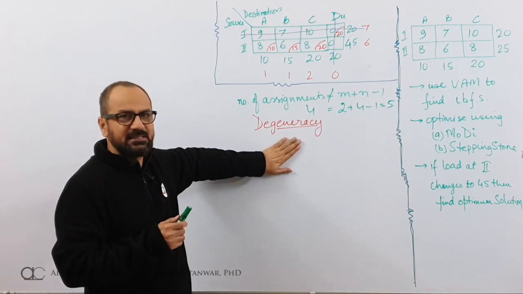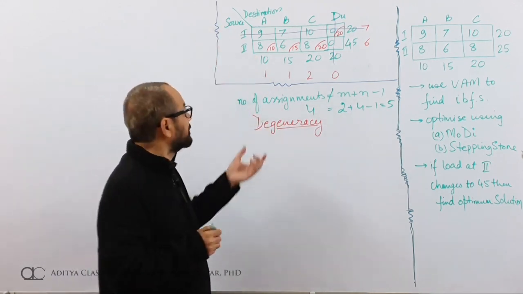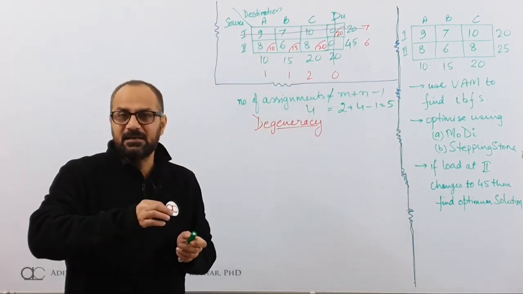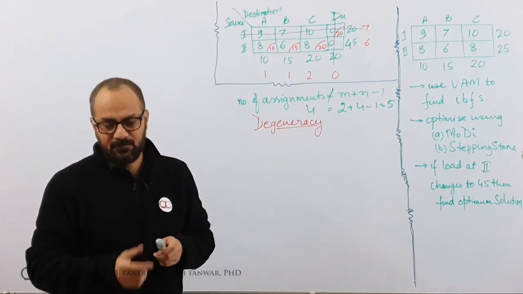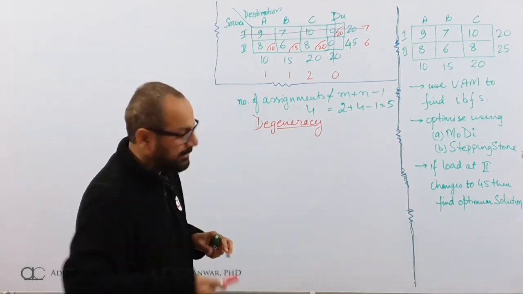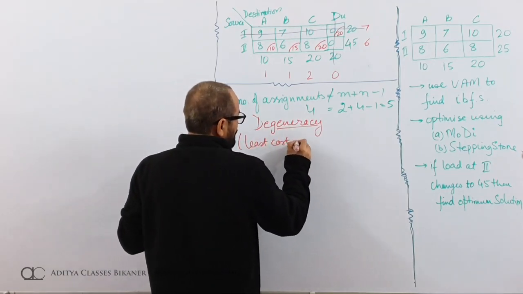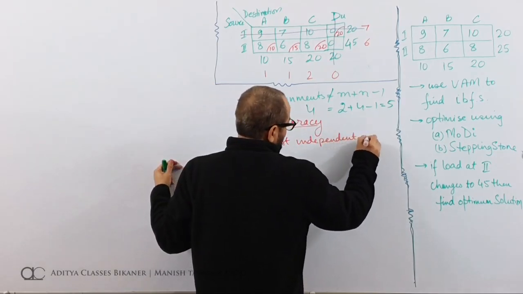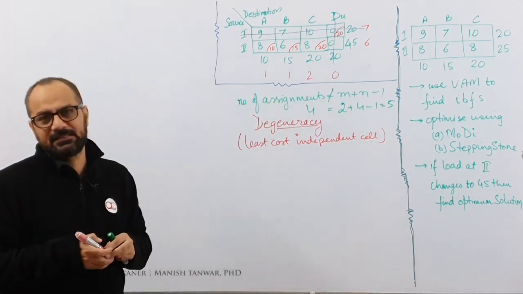So how do we solve this degeneracy? Check the unassigned cells and select the least cost independent cell. This is how we can solve our degeneracy.